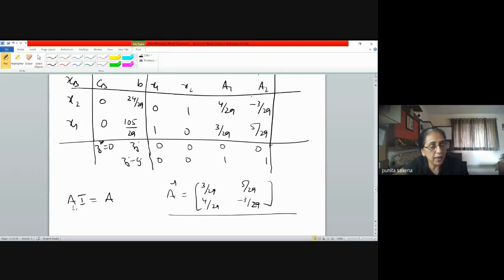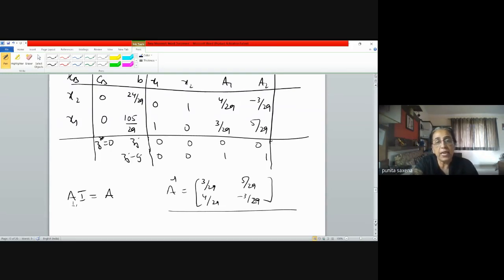So that's why I said, do not remove artificial variables. Unlike big M method where we were removing them, if we are solving the linear programming problem, it does not make a difference. But they are required when we are finding the inverse of the matrices. Is that okay? So this is how we use simplex method to find the inverse of a matrix also.